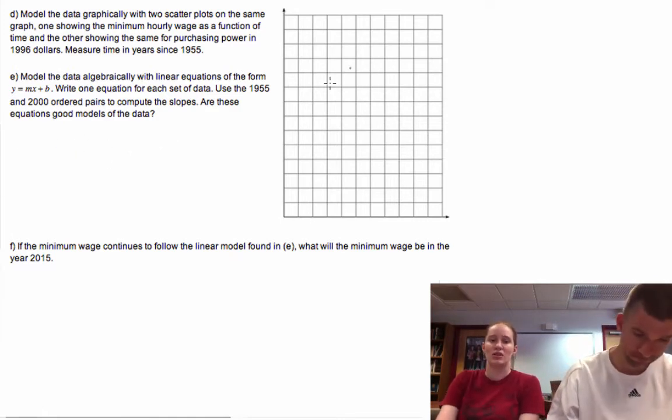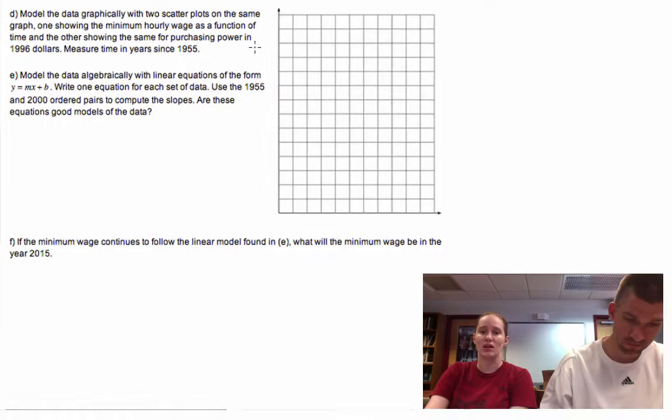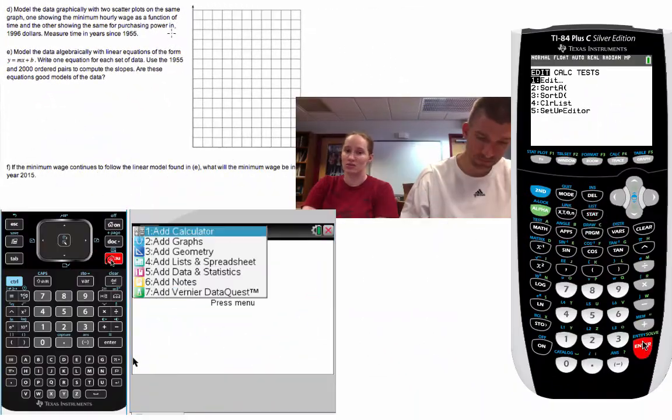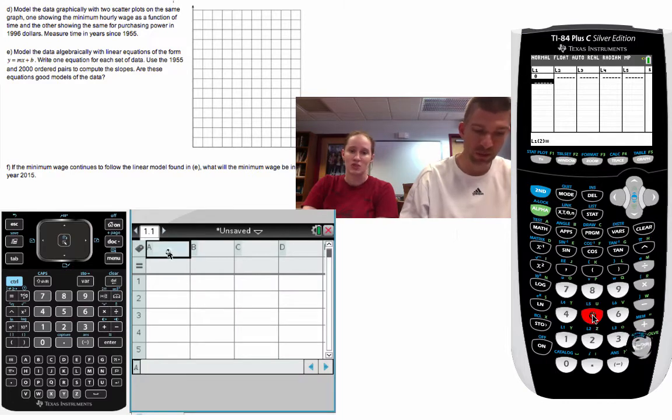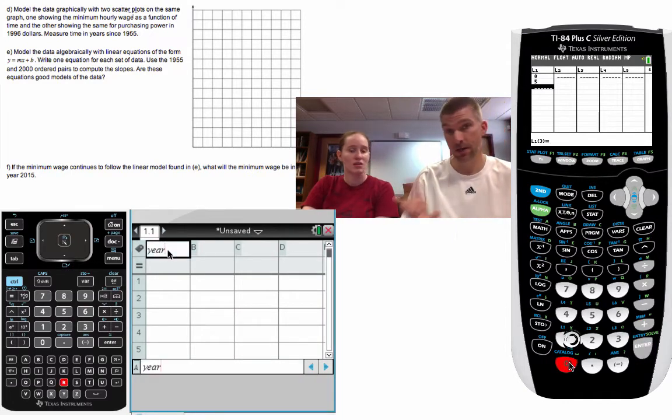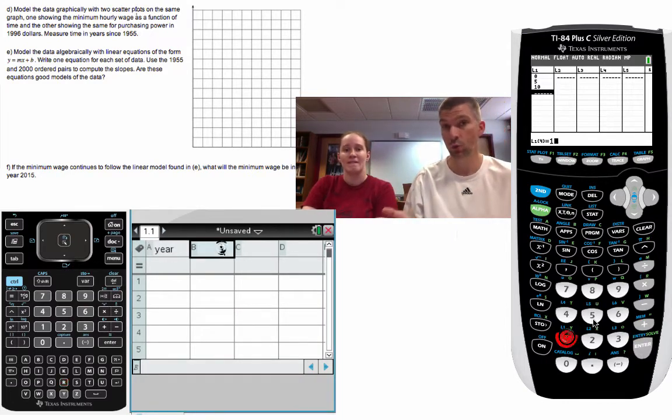We're going to do it two ways. We're going to do it on our paper. You have a graph provided there. We're also going to show you, and a calculator should pop up here on the side, how to make a scatter plot in your calculator as well. So if you need to rewatch this section more than once, building a scatter plot is pretty handy on your calculator. It helps in more ways than you even know right now, but it's a good skill.